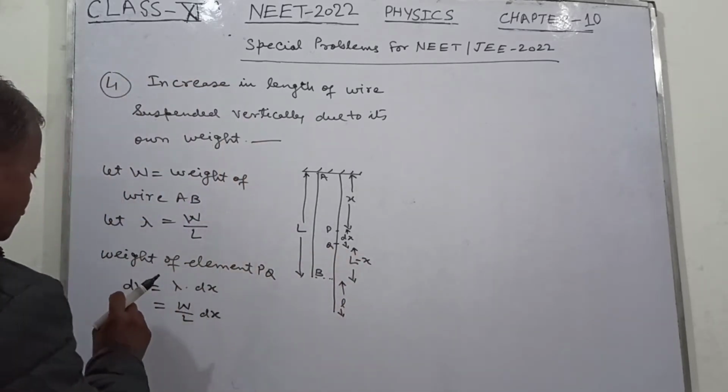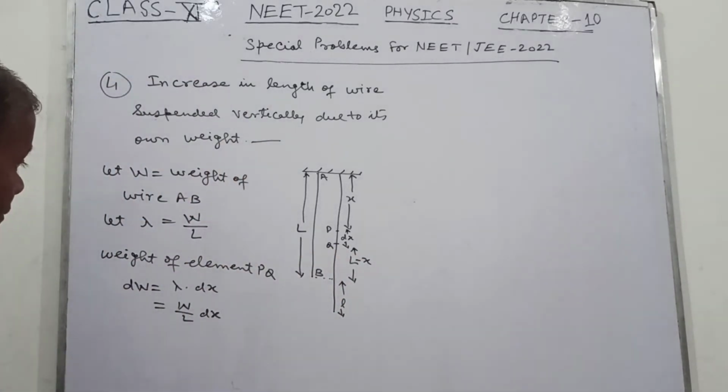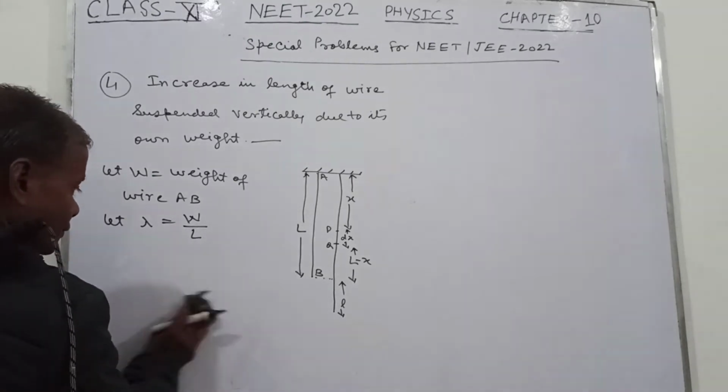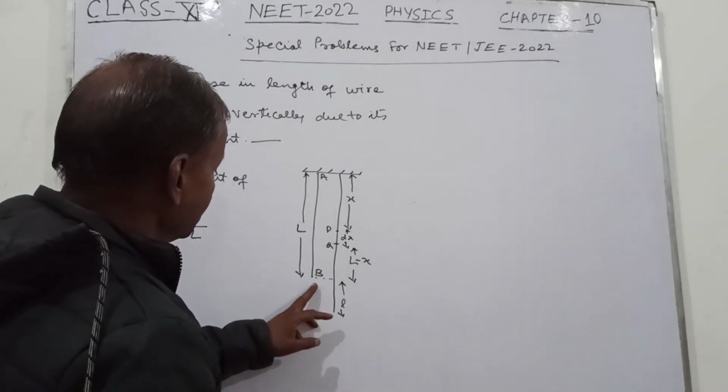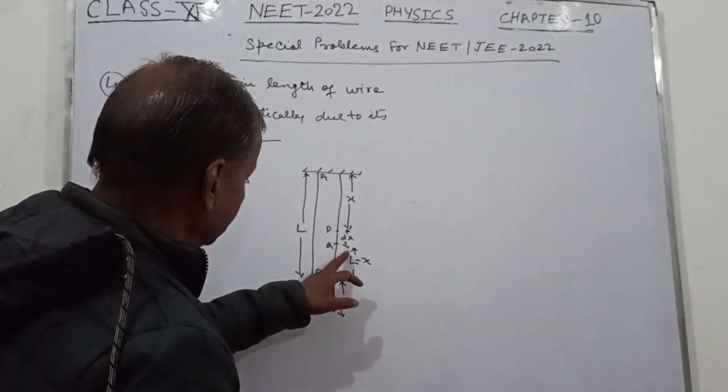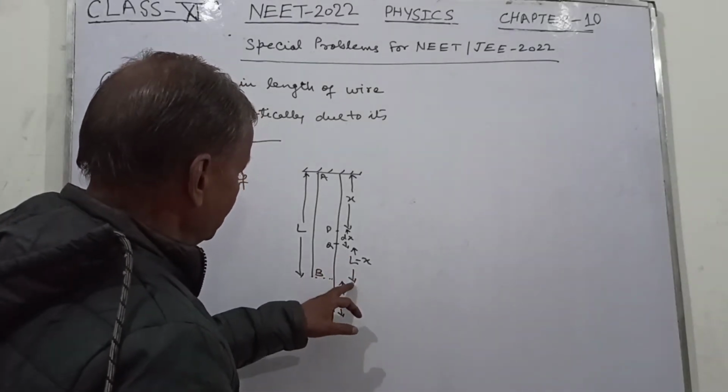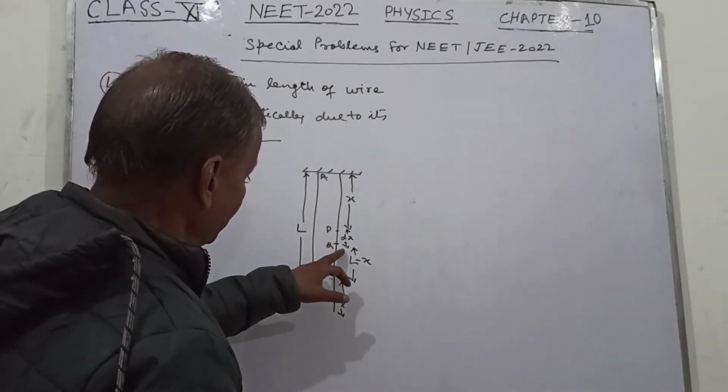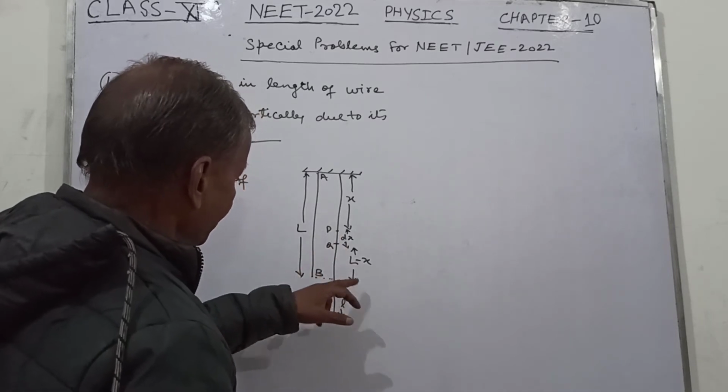So now we have not to take the elements of this one. The weight on this rod will be because of this part, L minus x, because so much part is being suspended from this element dx.